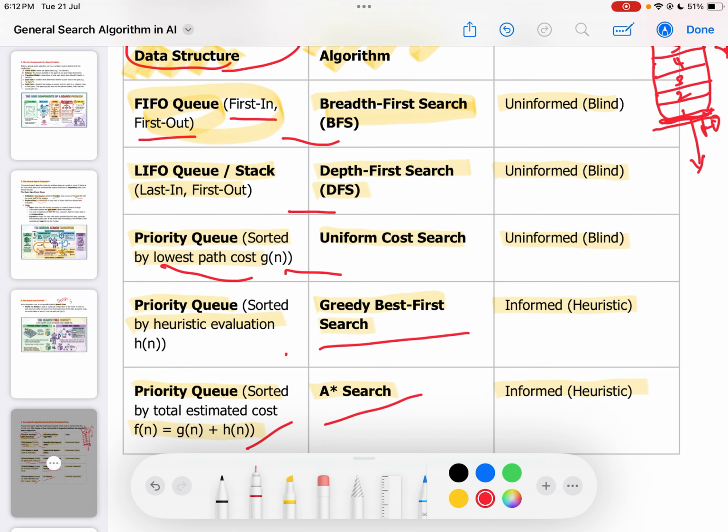Priority queue with heuristic function, greedy best first. Priority queue with total cost, A star. For these two I have given separate videos. If you want, please check. And this is the third part of the video. The other two parts are in the playlist.